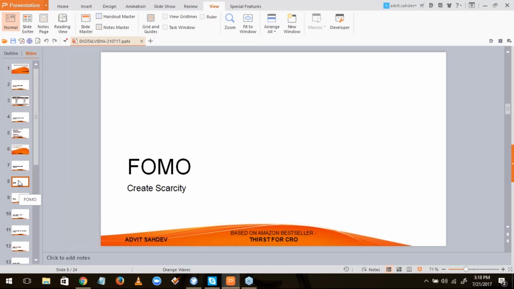So creating scarcity. In some of the cases, scarcity is really genuine, right? I mean, the Education Institute has only 20 seats left or 10 seats left. But in many of the cases, that is not the case, but still scarcity has to be created, because fear is one of the key sentiments on which a lot of advertising and marketing is driven.